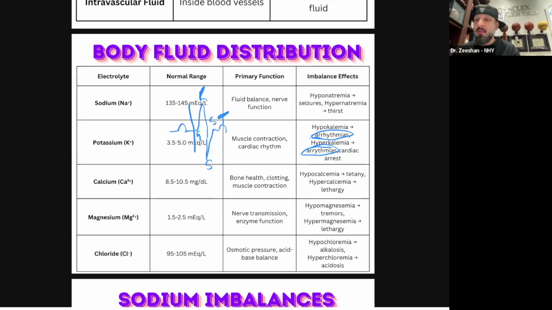Yeah. And what are we worried about the most? Ventricular fibrillation. With hyperkalemia, you may see, and this is exaggerated, a peaked T wave, but it's still affecting the ventricle. So you see how potassium and those dysrhythmias are so dangerous, so dangerous.